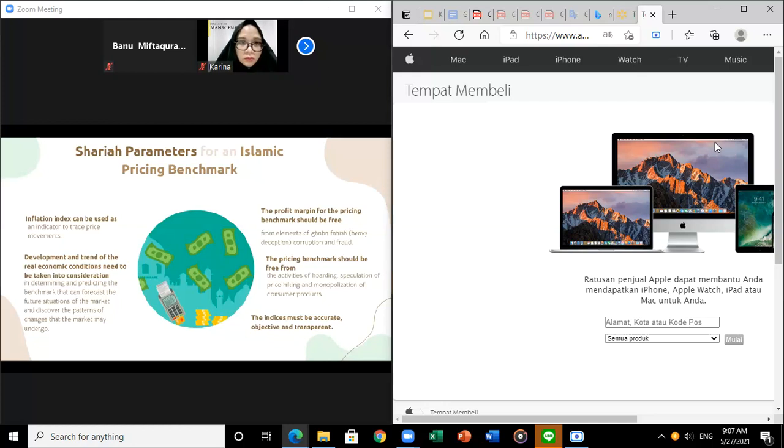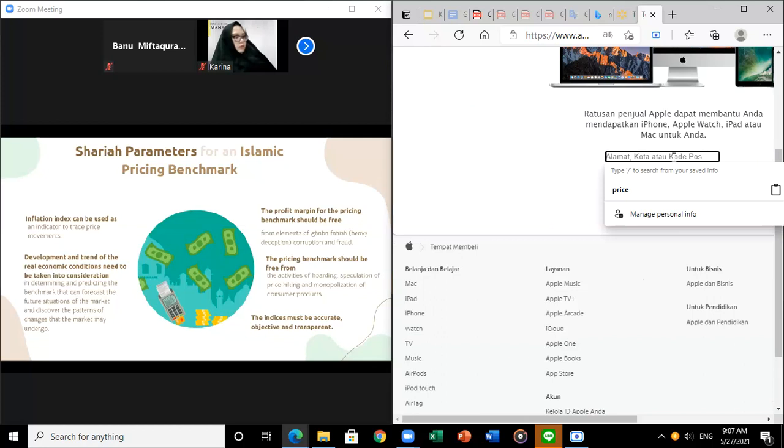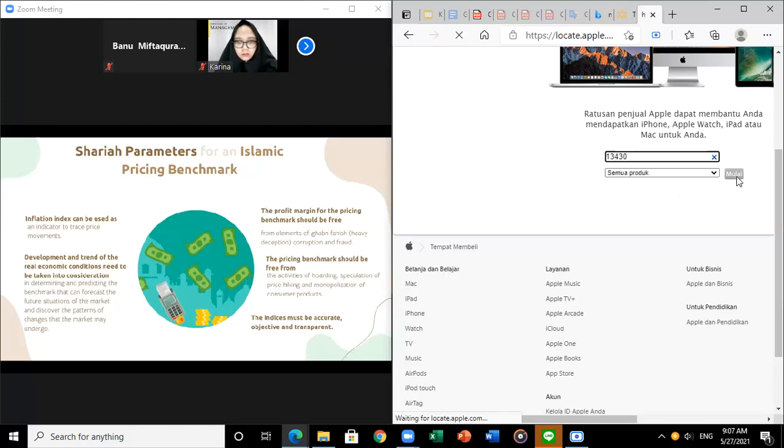The next one is the profit margin for the pricing benchmark should be free from elements of ghabn fahish or heavy deception, corruption and fraud. The next is the pricing benchmark should be free from the activities of hoarding, speculation of price hiking, and monopolization of consumer products. The last one, the indices must be accurate, objective, and transparent.